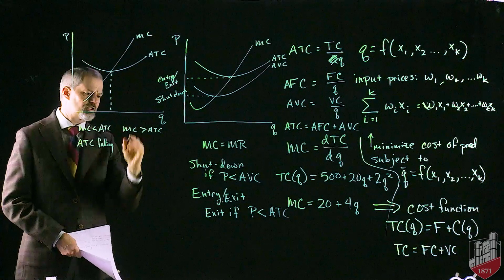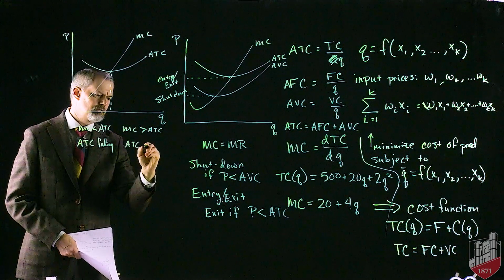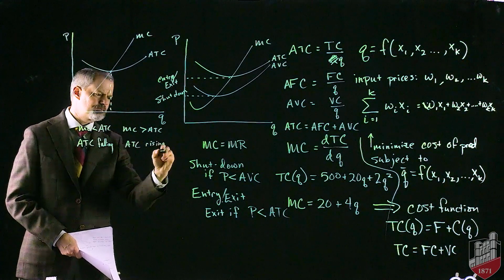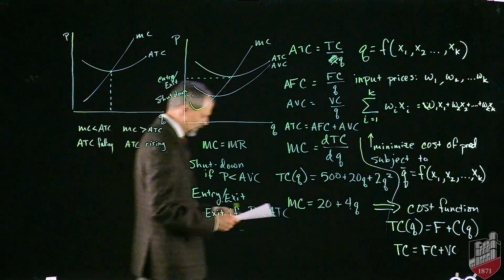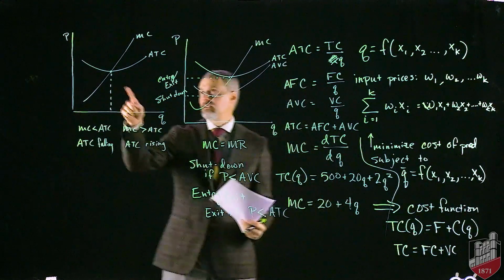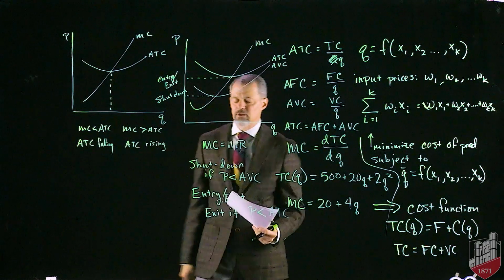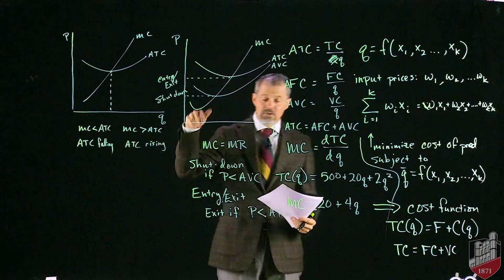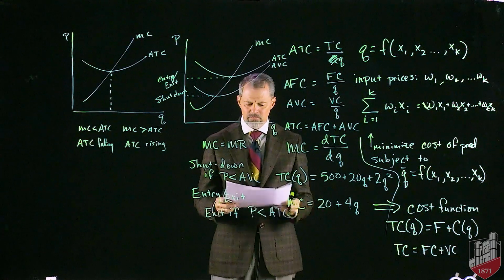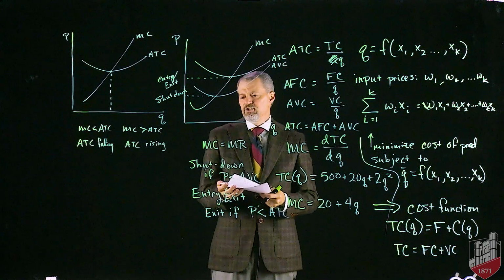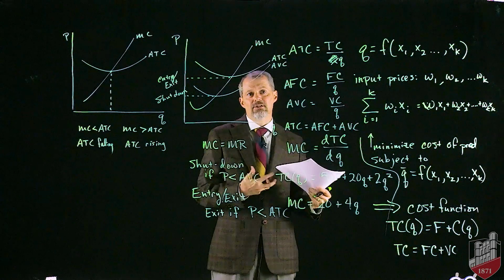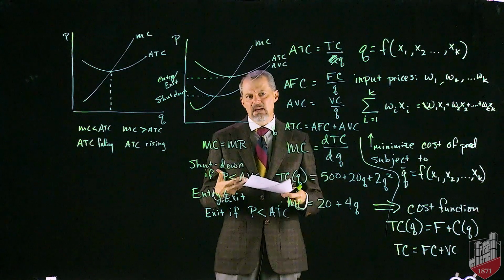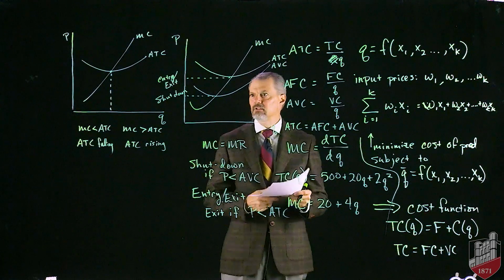We see that average total cost is rising. And at the place where marginal cost and average total cost are equal to each other, average total cost is at a minimum. And that's just a property of the relationship between average measures and marginal measures.